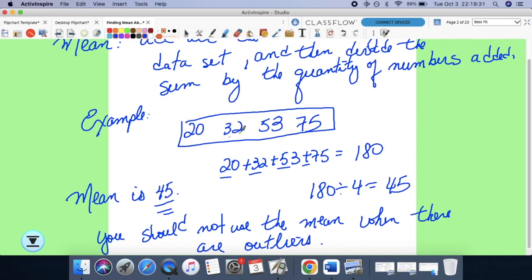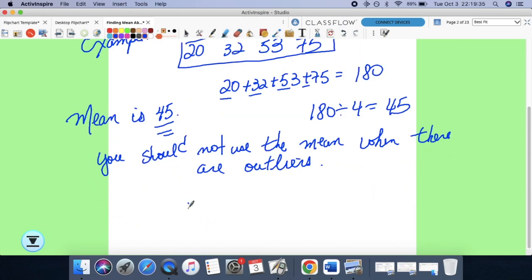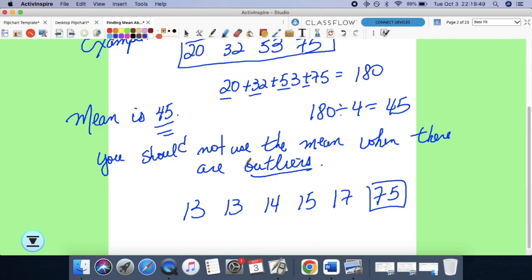So that's not a great example. Let me give you a better example. So let's say there's a 13, there's a 14, there's a 15, there's a 17, and then there's a 75. This guy here, okay, is an outlier. Right? Can you see that he's very, very far away from the other numbers? So he's an outlier.